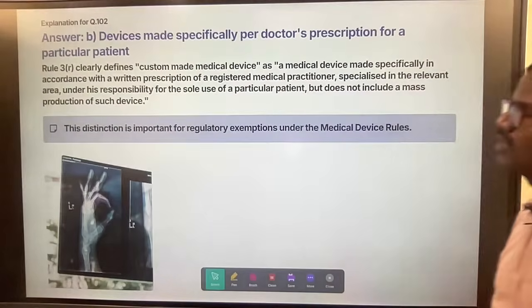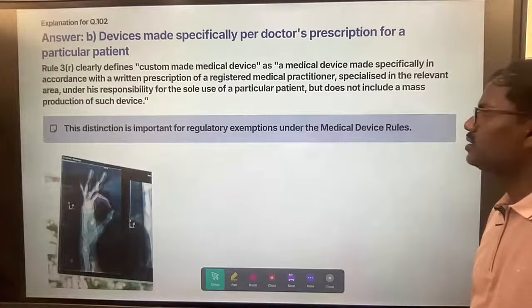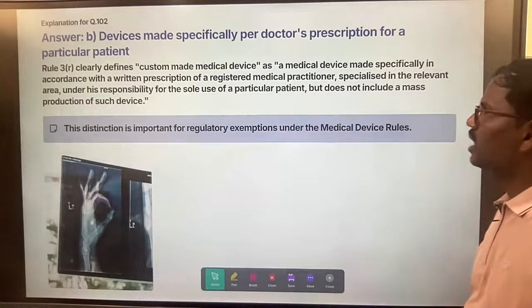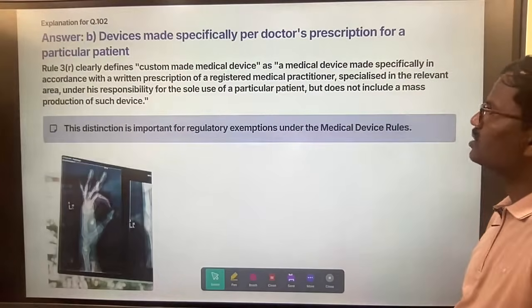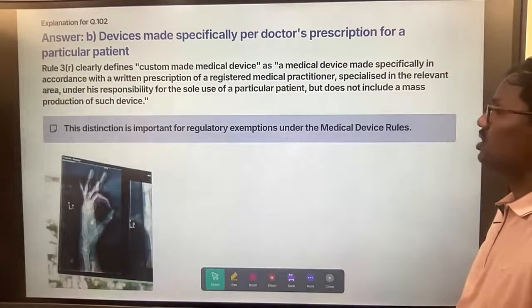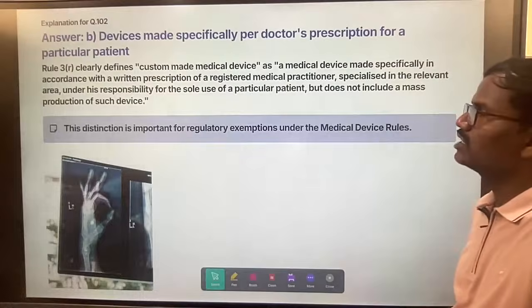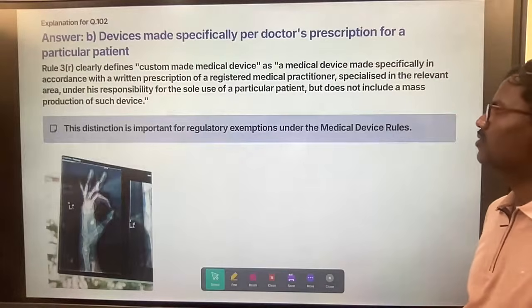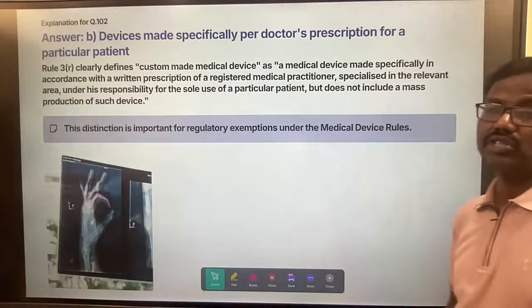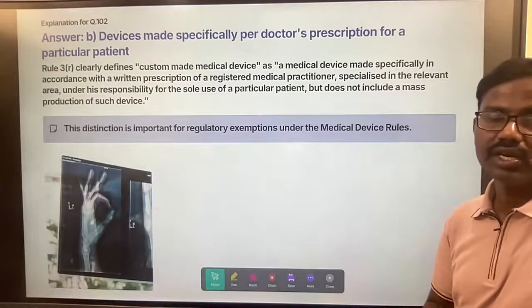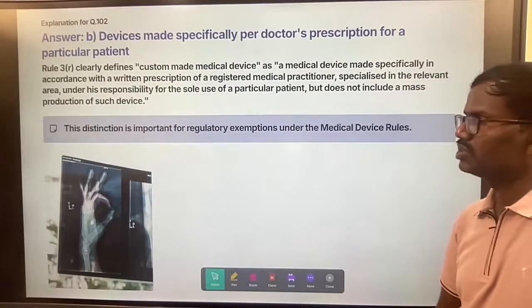Rule 3, sub-rule R clearly defines a custom-made medical device as a medical device made specifically in accordance with a written prescription of a registered medical practitioner specialized in the relevant area, under his responsibility, for the sole use of a particular patient, but does not include mass production of such devices.